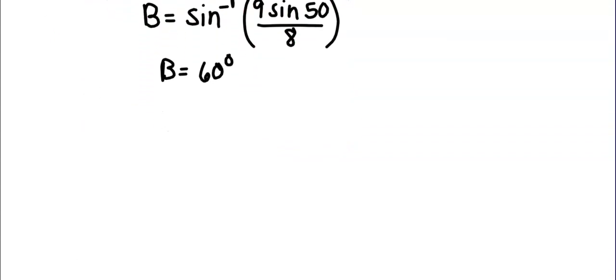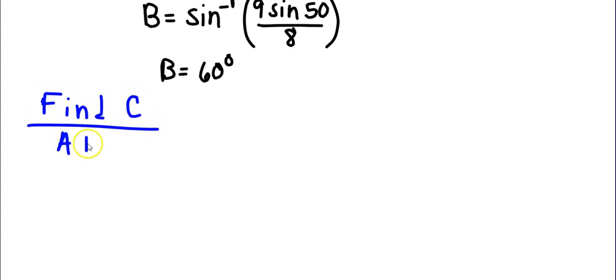Alright, so this part is just focusing on finding our second solution. So now we found angle B, now we need to find angle C. We already have 2 angles, so we should be able to find that third angle really quick by doing A plus B plus C equals 180, adding up the 2 angles and subtracting from 180.